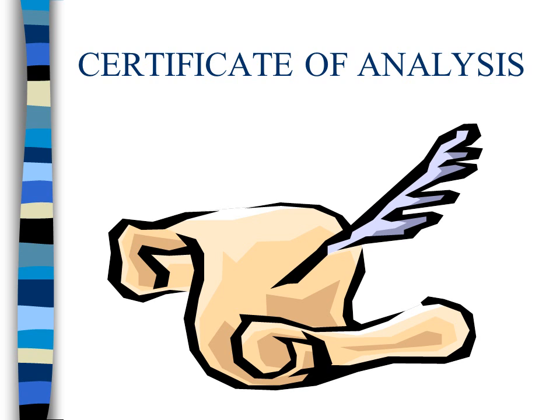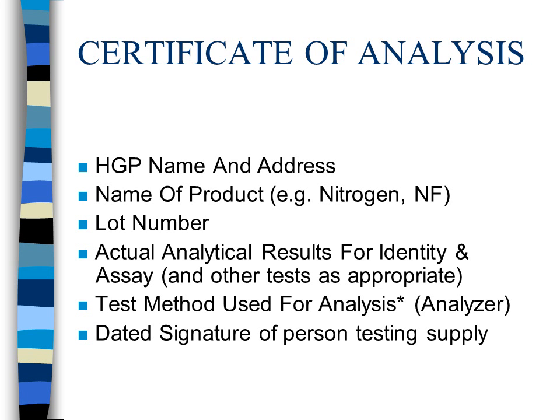Certificates of analysis. The certificate of analysis on your liquid oxygen and liquid nitrogen vessel has our name and address on it. It has the name of the product, for an example, nitrogen NF, nitrous oxide USP, or oxygen USP. It has a lot number. It has the actual analytical results for identity and assay.